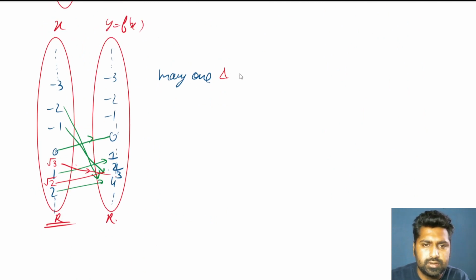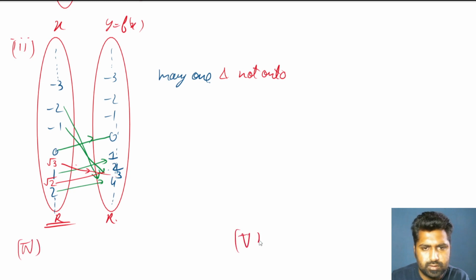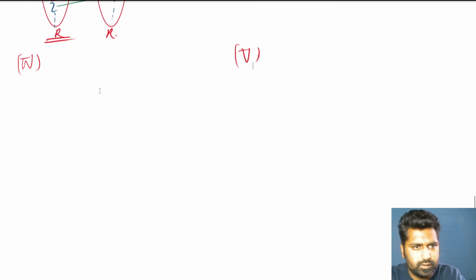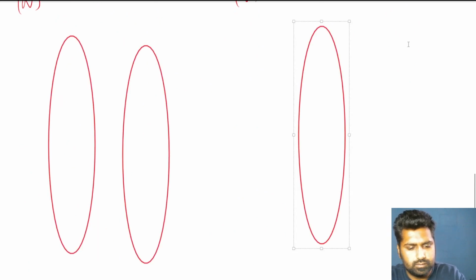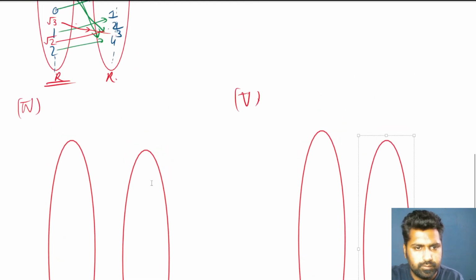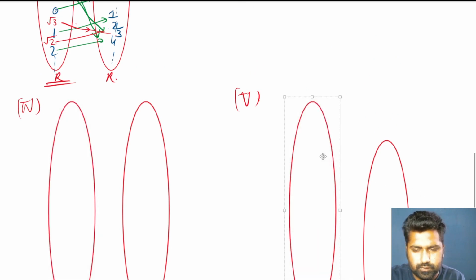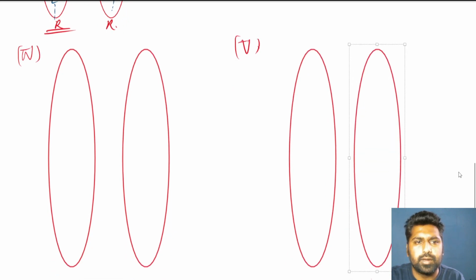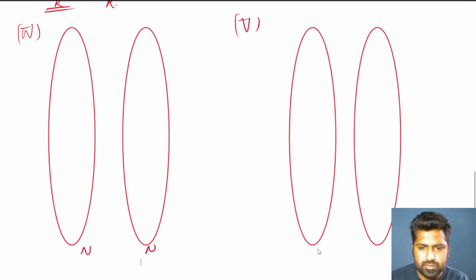This was many-one and not onto. So the 4th part was from N to N, next was the part from Z to Z.